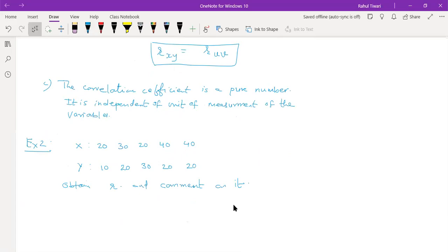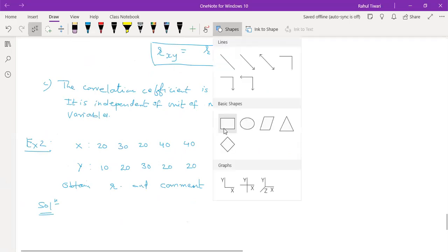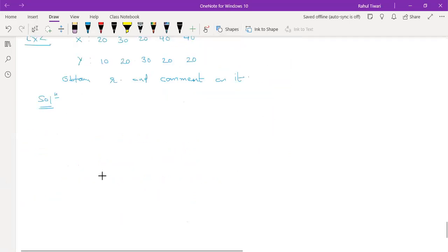Solution. What we have to do in such an example is create a table like this.